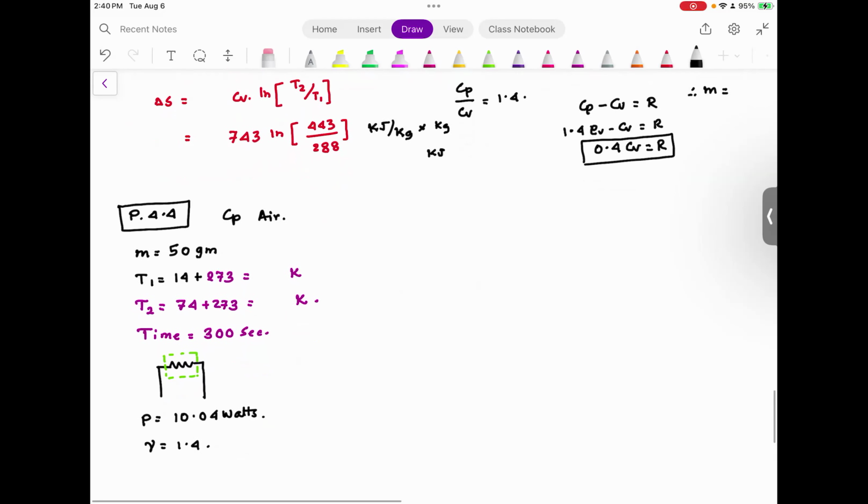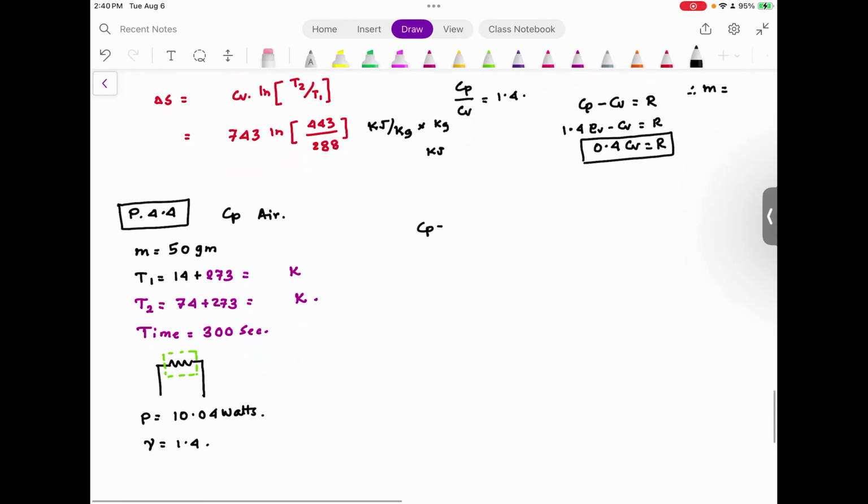So we have to find out the value of Cp. We have to find out the gas constant, and we have to find out the density of air at temperature is equal to 0 degrees C and pressure is equal to 0.1 megapascal. So these are the different equations.